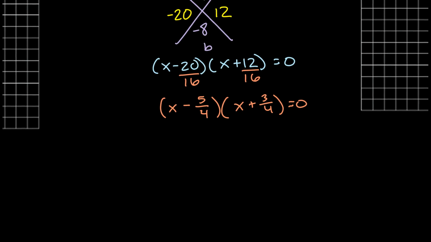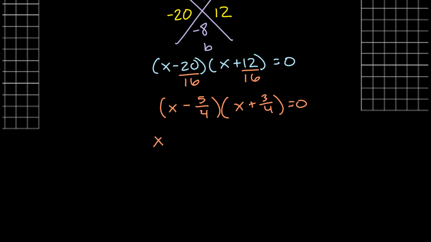Yes, if you were being asked to find the factors, you would continue and kick the denominators to the front, but we're not factoring, we're solving here. So we can leave these like this, and how do we get the solutions from these? How do you get solutions from factors?